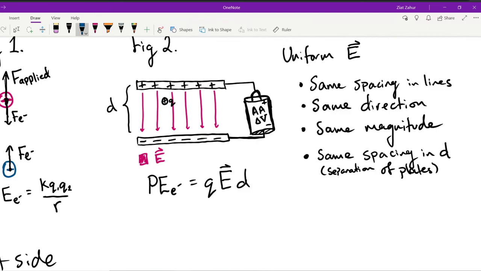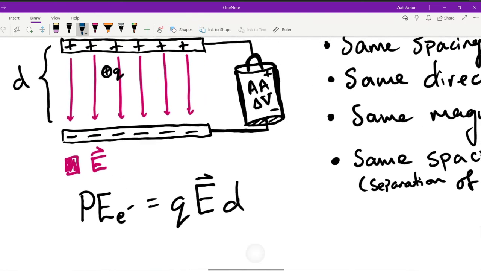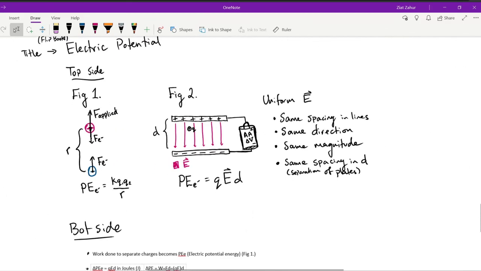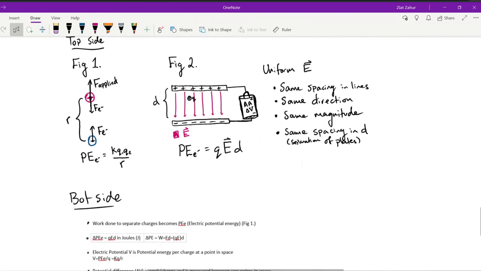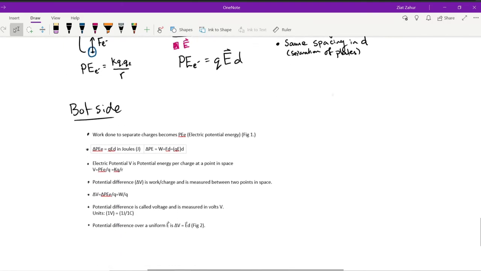It is not how far q is. It is the distance between the two plates.